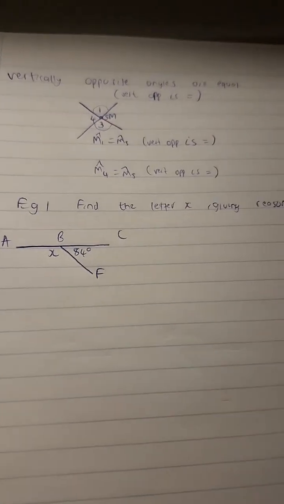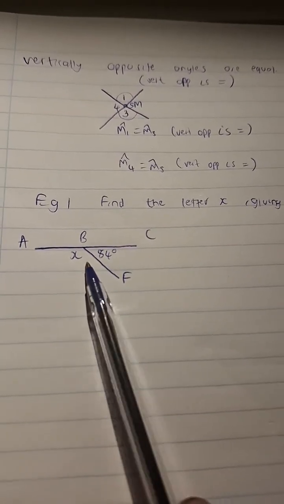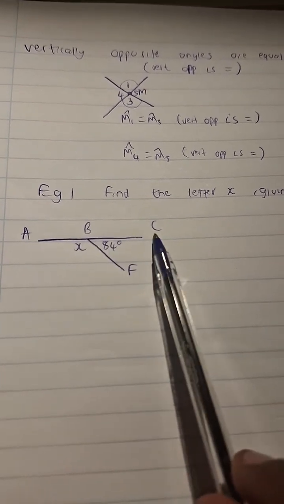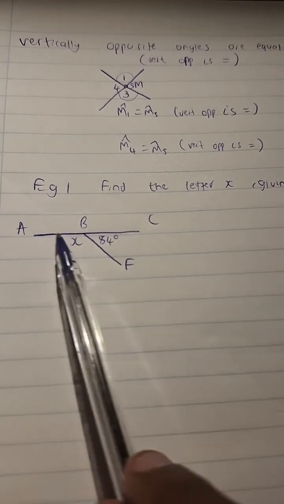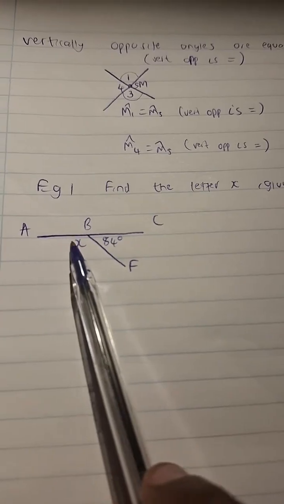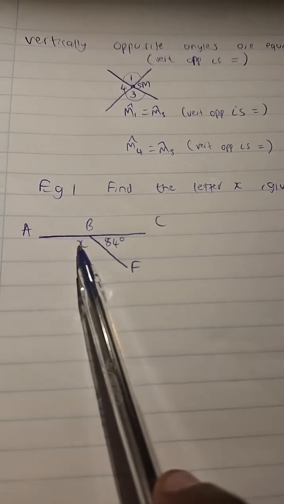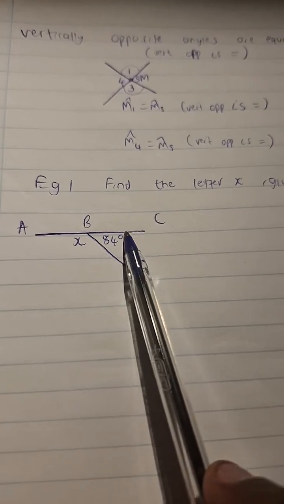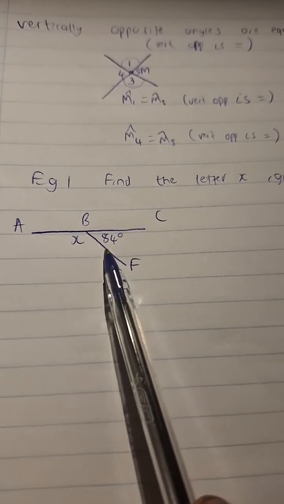Okay, so please let's note what we see here. We have line A, B, C. Underneath that line, we have this angle X, all right? And then from this line, this is 84, all right?